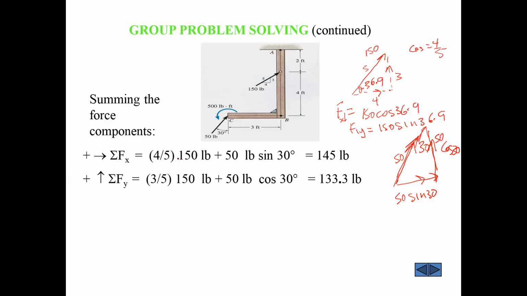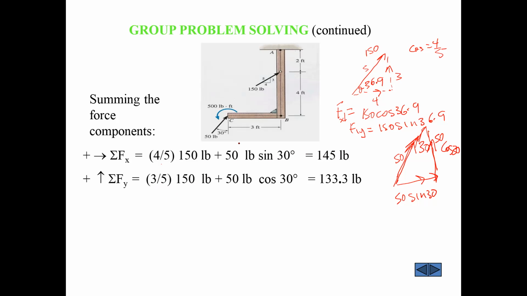Now 4.5 is the x, so the x one, as we had said before, is equivalent to 150 cos 36.9. So it is cos 36.9 times 150, and we already said that that is the x. Where's the next x component? The next x component is the 50 sine 30. Add that to it, and that gives you 145.